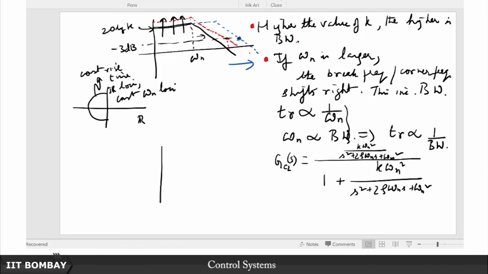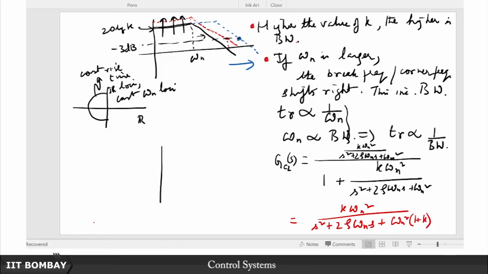So there are two ways in which bandwidth could be increased. You can increase omega n and you can increase k. But of course all this is open loop. What about closed loop? Now in closed loop, look at this transfer function. This plant's effective omega n will have changed. How? Now you will have k omega n squared upon, because the denominator is common, they cancel out, s squared plus 2 zeta omega n s plus omega n squared into 1 plus k.